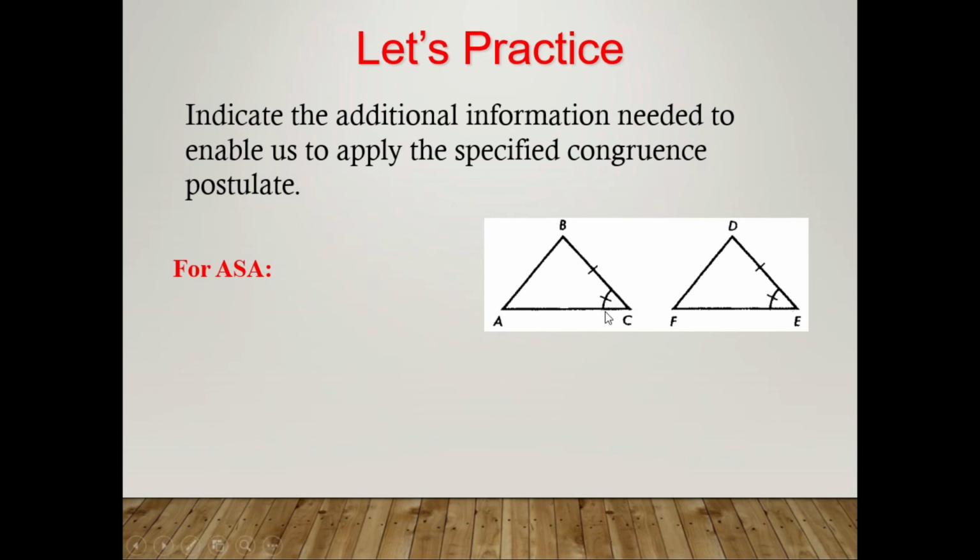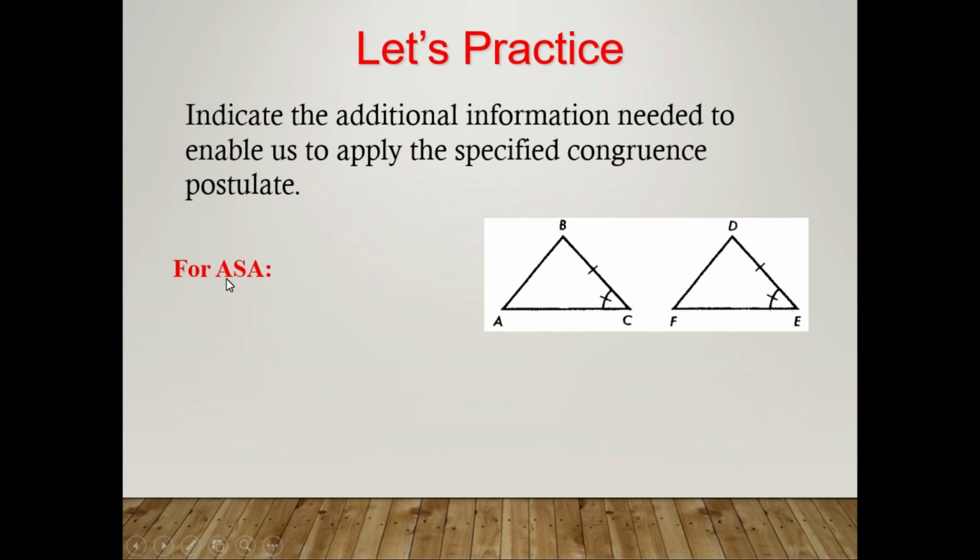As you can see, meron tayong two parts which are marked, indicated that they are congruent. So what is the additional information that we need if we will show that these two triangles are congruent using the ASA postulate, or the angle side angle?